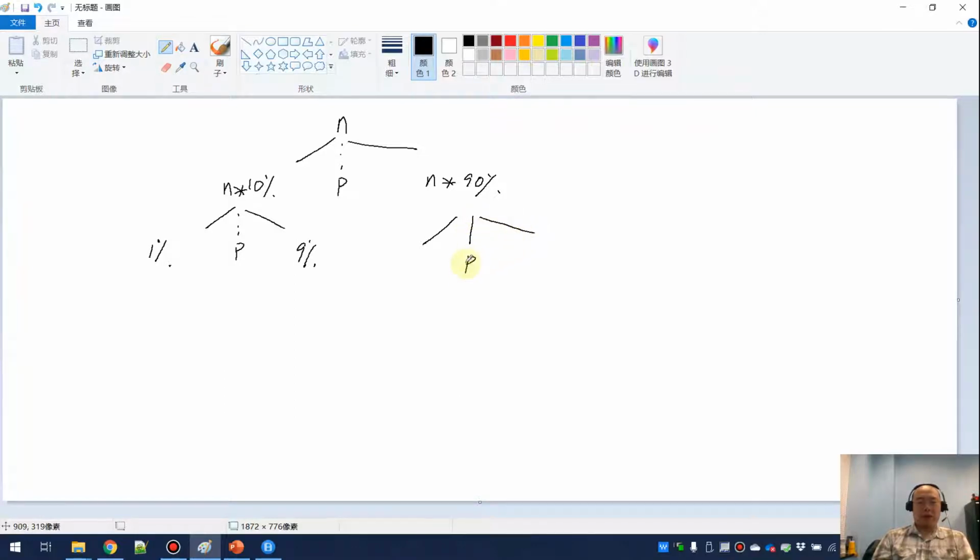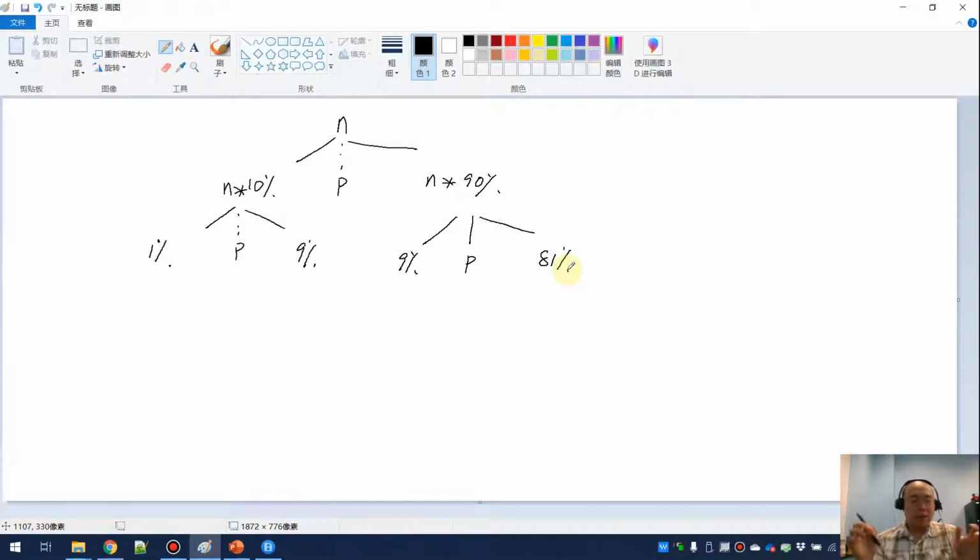We have the pivot, and then we have 10% of the 90%, so that is 9% on one side, and then we have 90% of the 90% on the other side, so we have 81% of the n values.